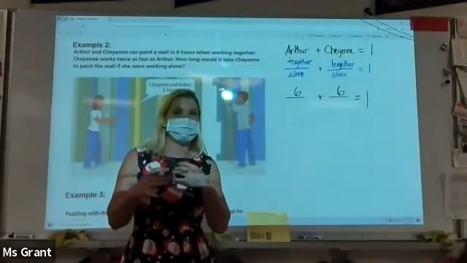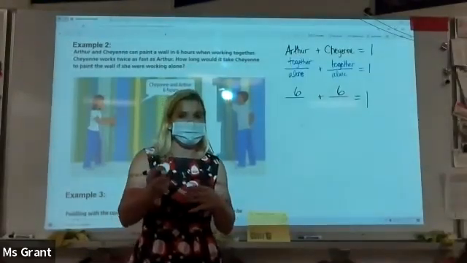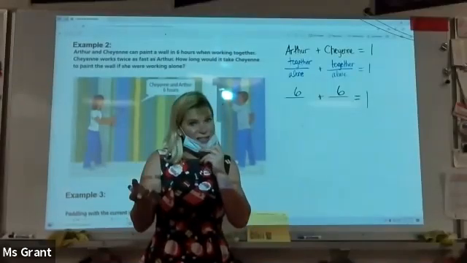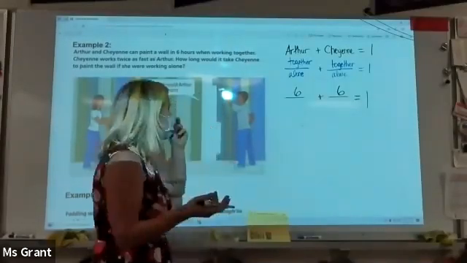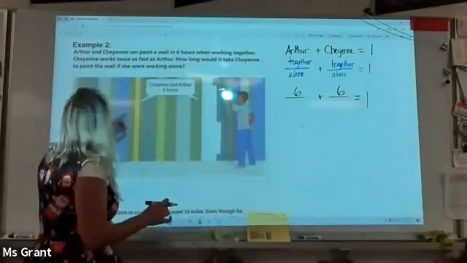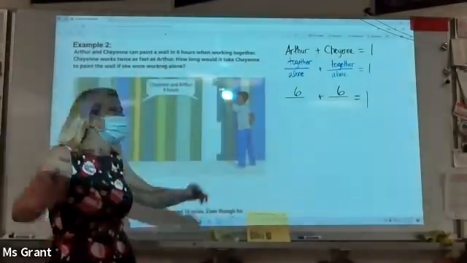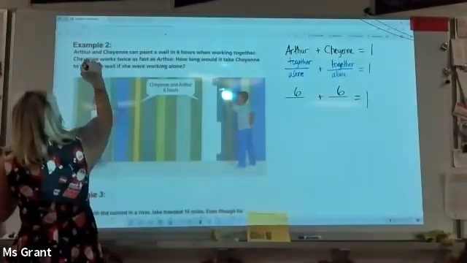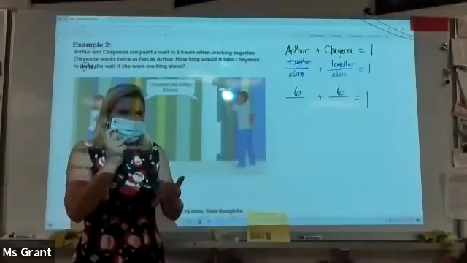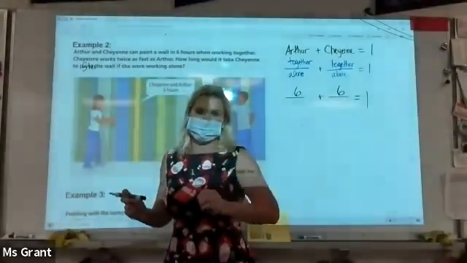Since I'm still kind of unclear who's going to be X and who's going to be 2X, because twice as fast means 2X, I have to do a little try it. If Cheyenne does a paint job in 5 hours, let's just say, Cheyenne works twice as fast as Arthur.